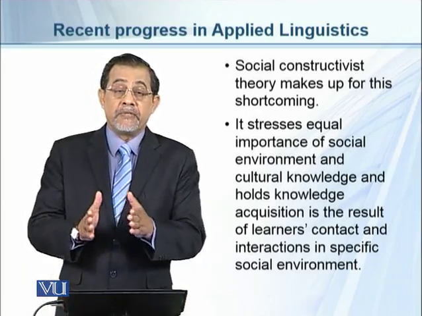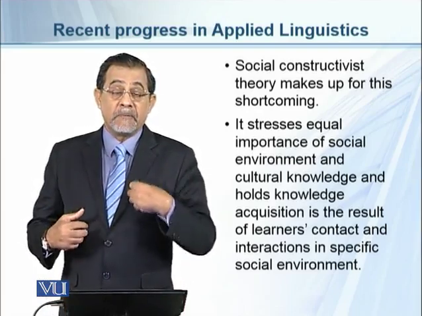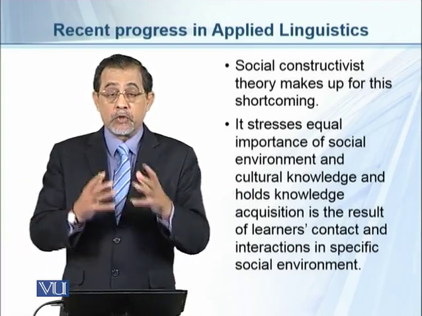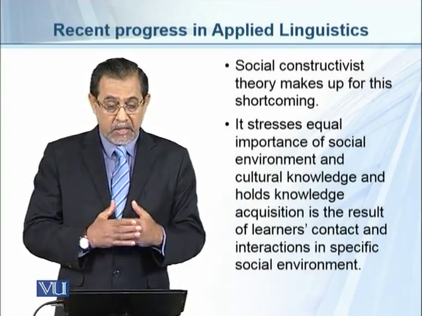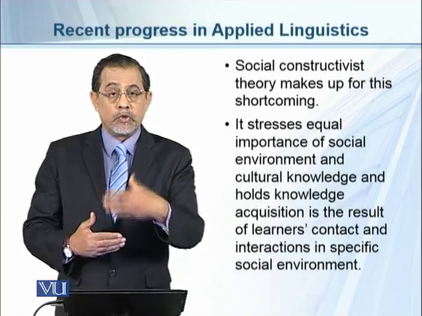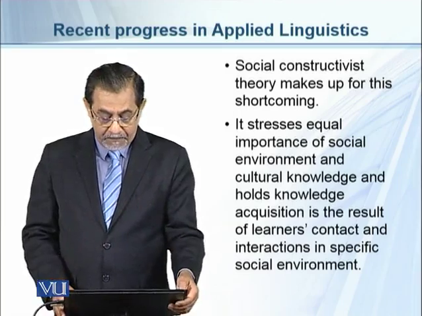So it believes that unless the learner is having a practical contact with the environment around, the learning does not fruitfully take place. So this is how it tries to cover those flaws left by the cognitive theory.